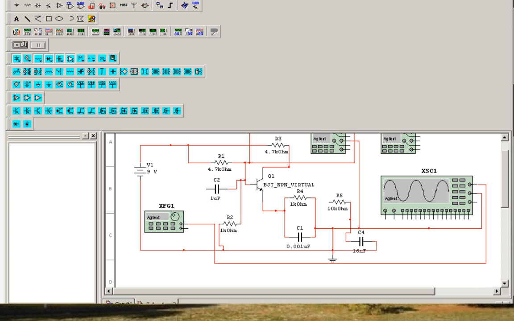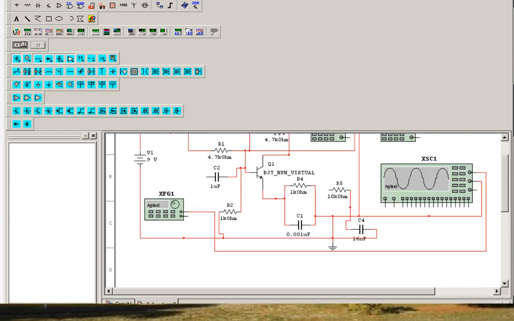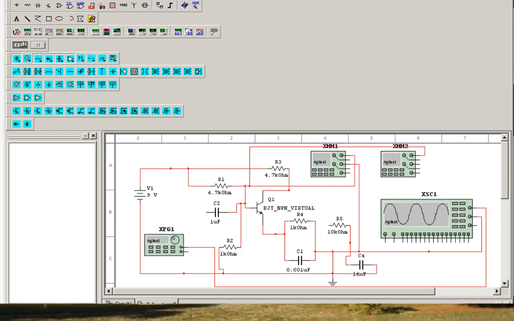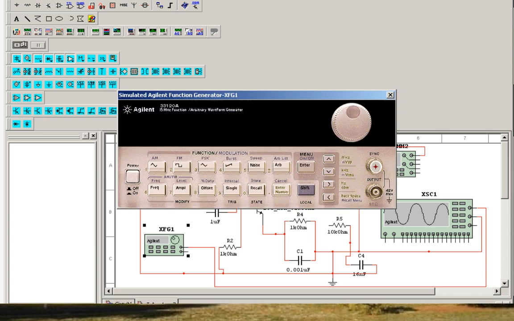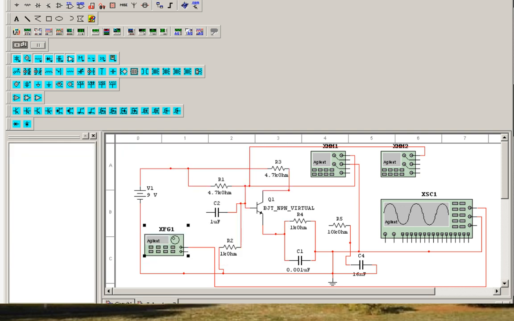That's our sync line. And the signal to here. We're going to go measure back on the output again.